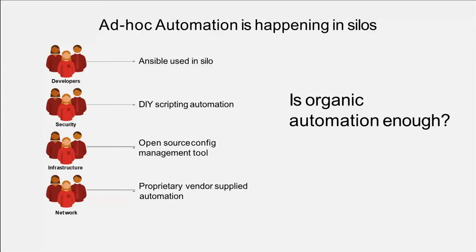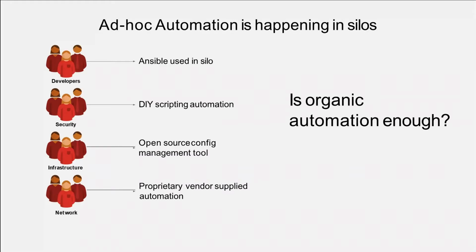When we look at our organization right now, there's probably a lot of automation already happening, but it is happening in silos. We see the different options that different groups might be using, from do-it-yourself scripting to open source management tools to proprietary vendor solutions.